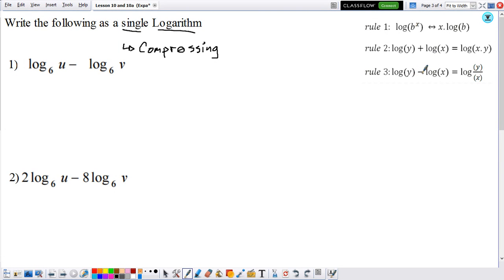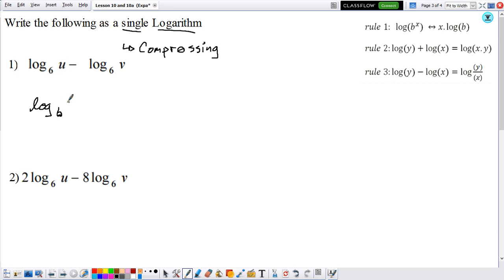talks about subtraction. And what does the rule say? The rule says that if we're subtracting two logarithms, we can just write it as a single logarithm where we're dividing the top by the bottom, or the left divided by the right. So here, if we're subtracting, we can write it as division. This is going to be log of 6, which is the base that I was speaking of.